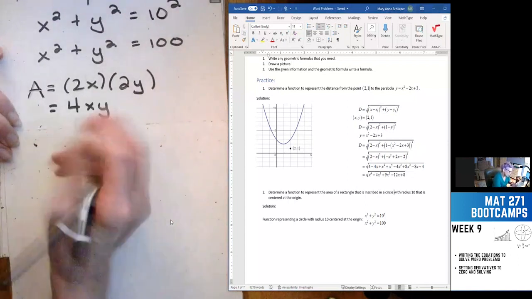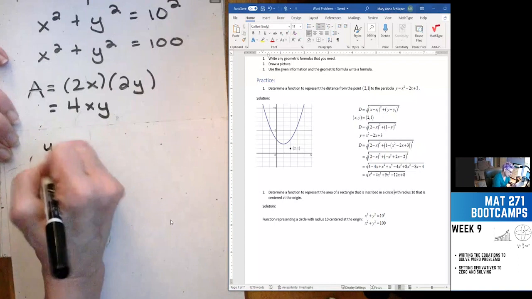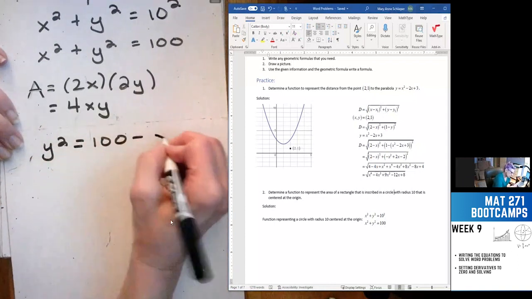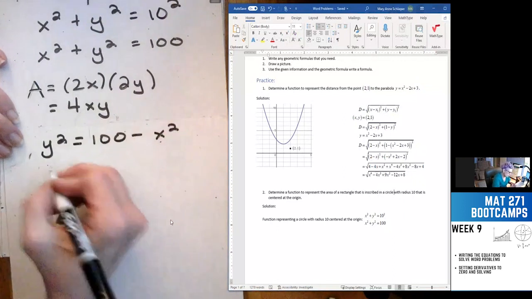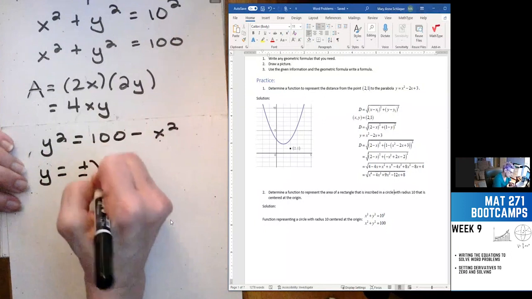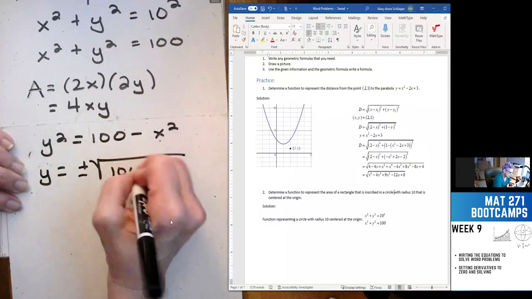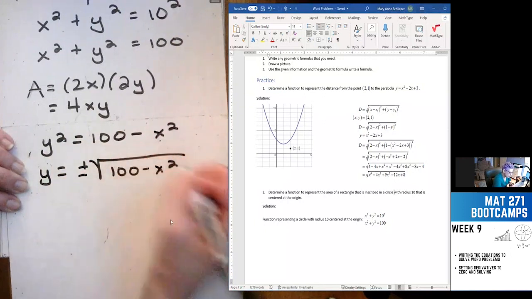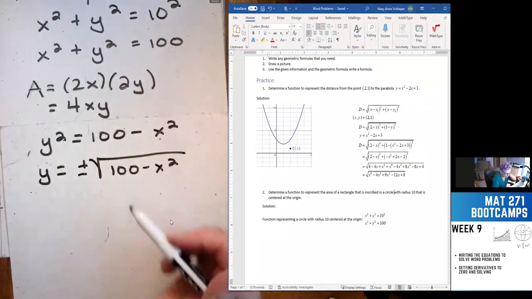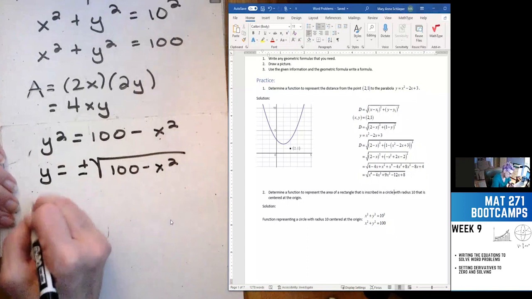Since x squared plus y squared is 100, y squared is 100 minus x squared. So y is plus or minus the square root of 100 minus x squared. And since we're talking about lengths and distances, we'll go with the positive one.